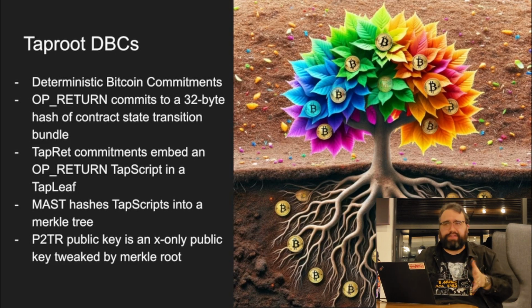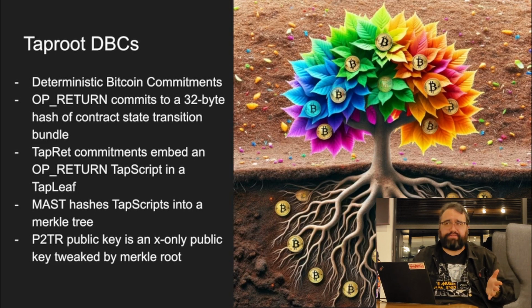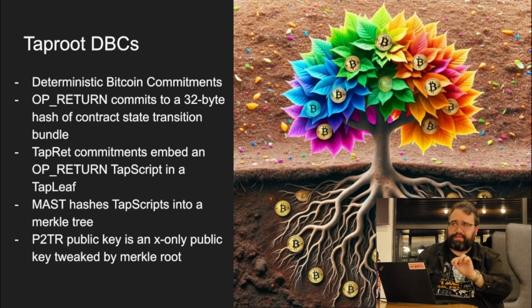And then we have to commit to it on chain. In order to commit to it, we could use an OP_RETURN, but if we did that, then people would know we're using an OP_RETURN. So instead what we do is we put the OP_RETURN in a tap leaf, and then we don't even write it. We put it in a script path spend, and we just spend the keys.